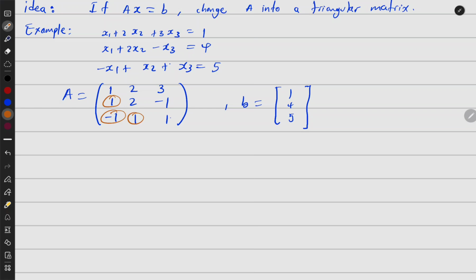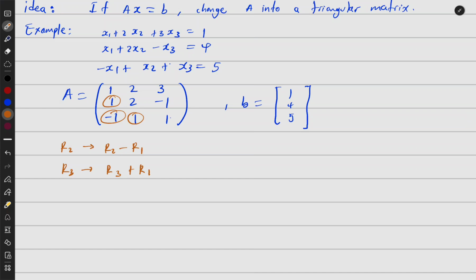If you want to make that a 0, the new row 2 is going to be row 2 minus row 1, and the new row 3 is going to be row 3 plus row 1. Something like that, so we shall get a new A.